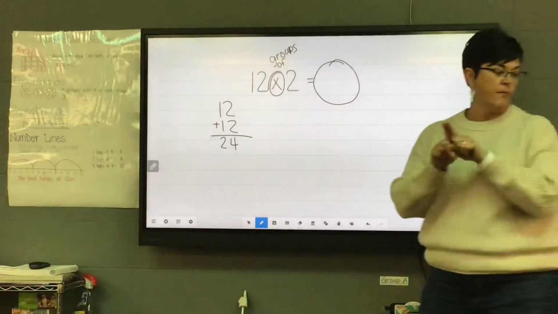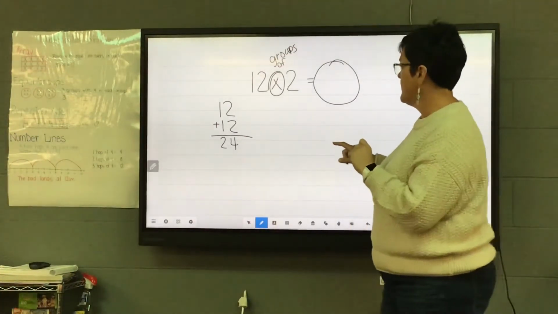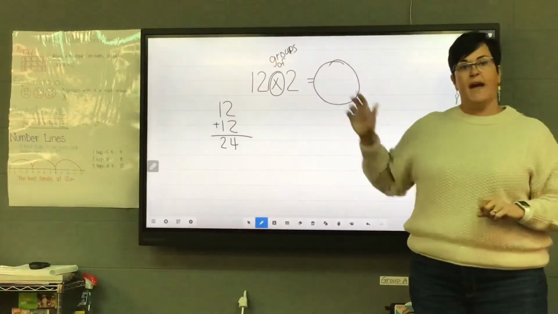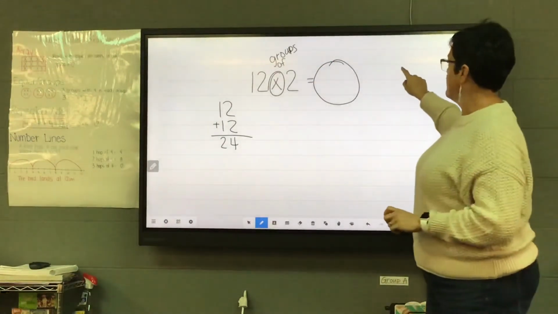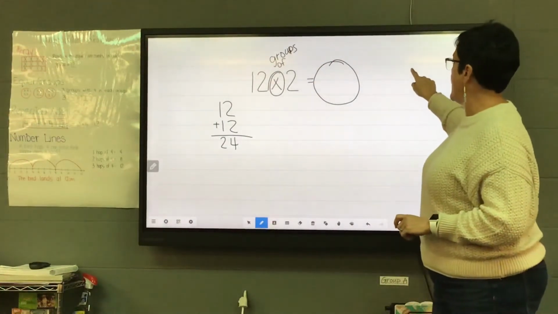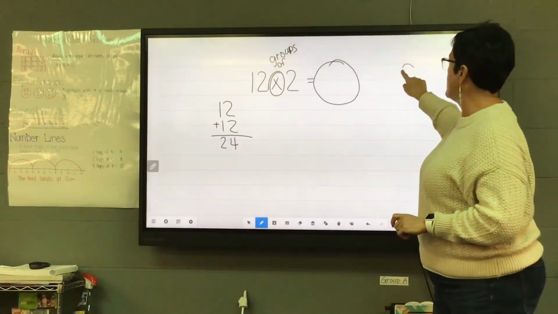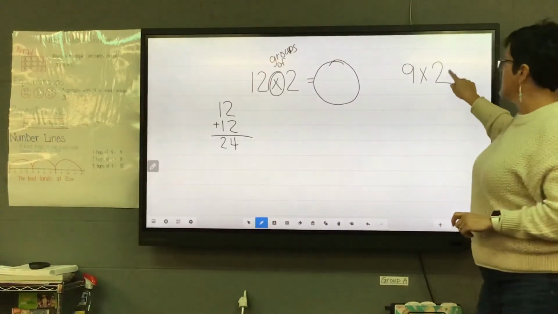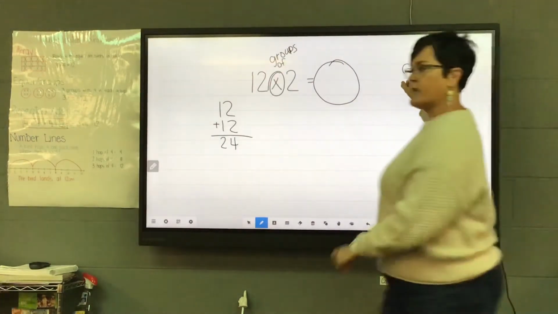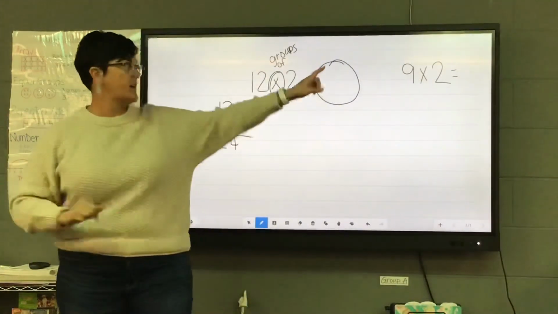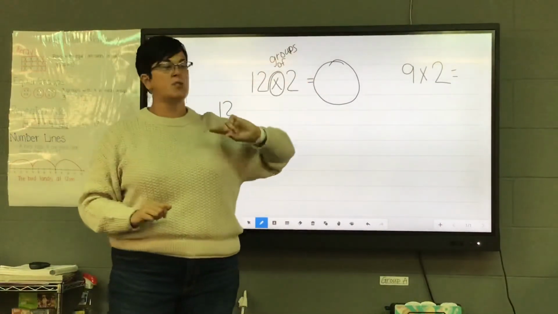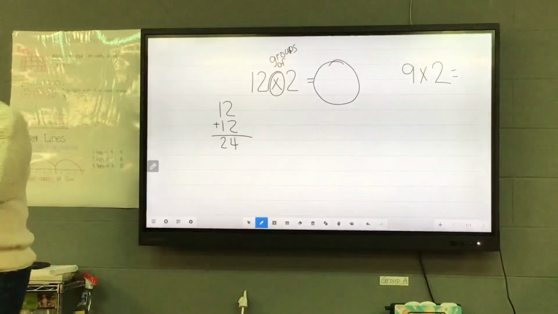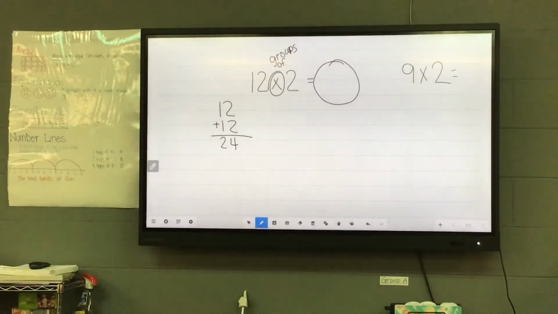Let's try another problem. So erase your board. I'm going to leave this example up here for you to refer back to. Let's try, we'll go with a little bit smaller one. So we're looking at this problem over here on the right hand side of the board, 9 times 2. Remember that doubling the number and adding it strategy?